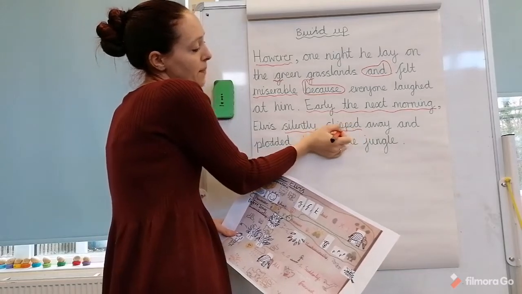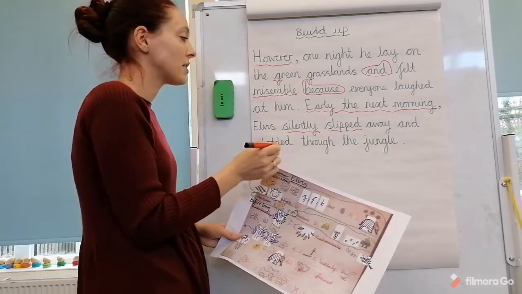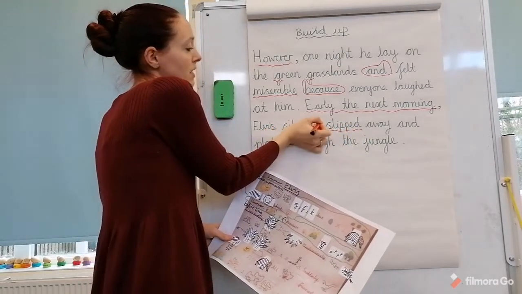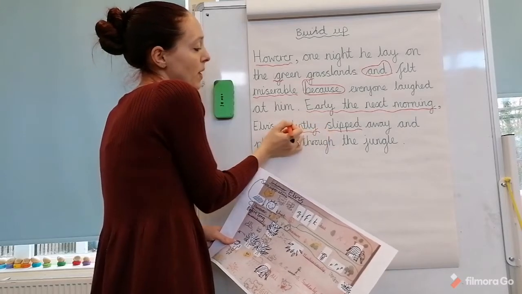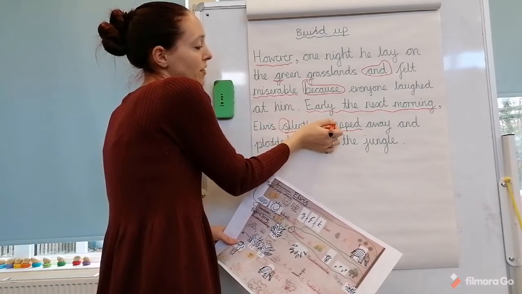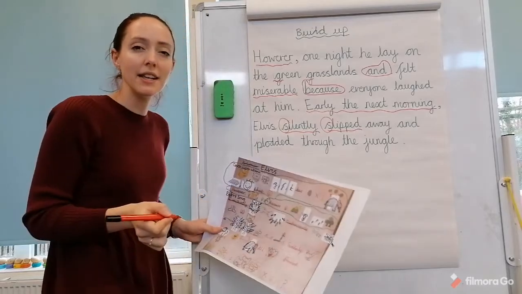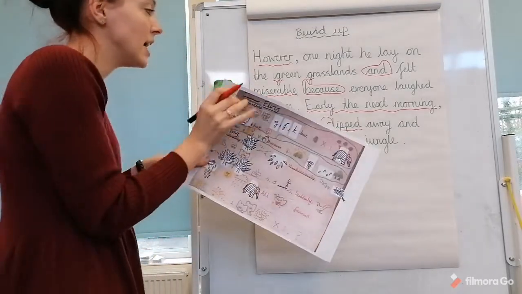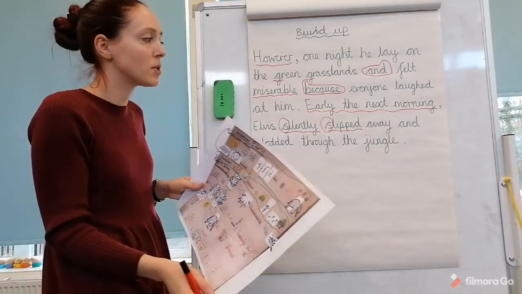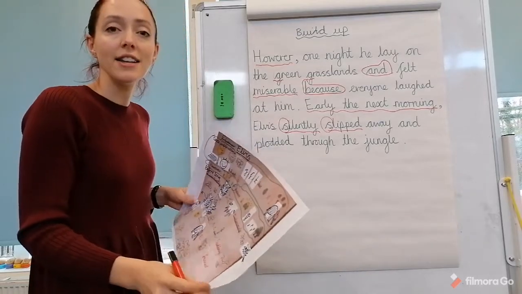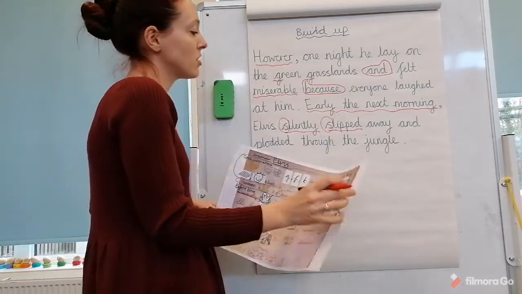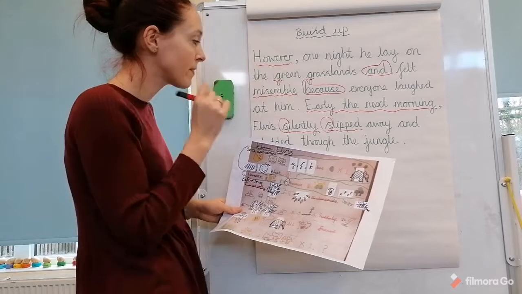silently slipped away. So we've got an adverb here. He silently slipped away. But again, they've both got the sound at the beginning. So they sound quite nice together. Silently slipped away. You could say silently slunk away. Two words together.